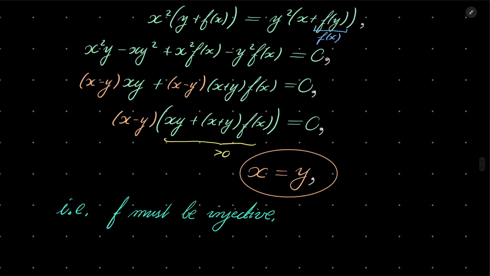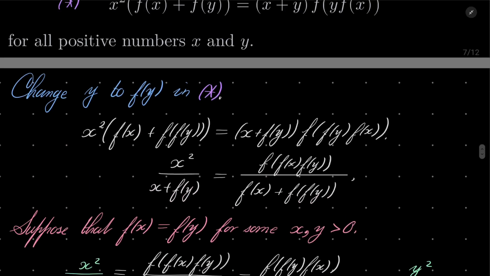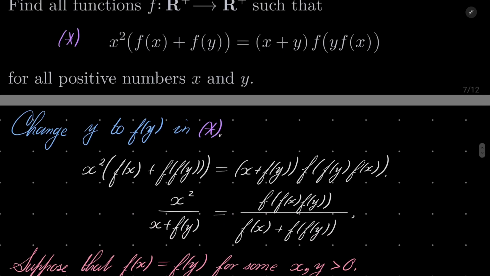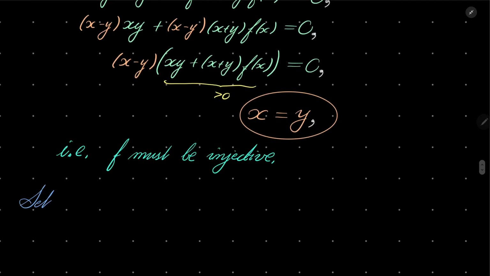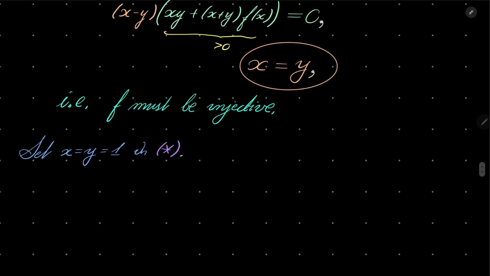Now, let's go back to our very first equation, and I will set x and y to be just 1. So I will have 1 times (f(1) + f(1)), so 2 times f(1), and on the right hand side we'll have 2 f(1). So 2 f(1) equals 2 times f(1). So let's set x and y to be 1 in our very first condition asterisk.